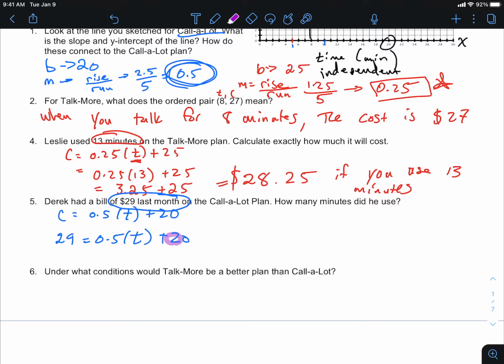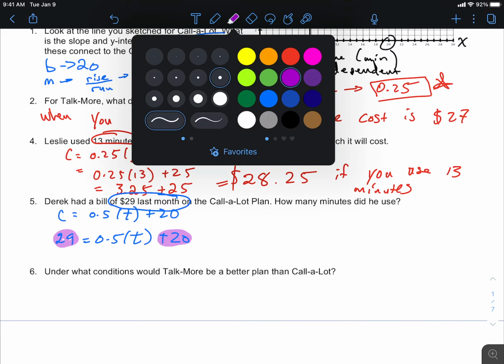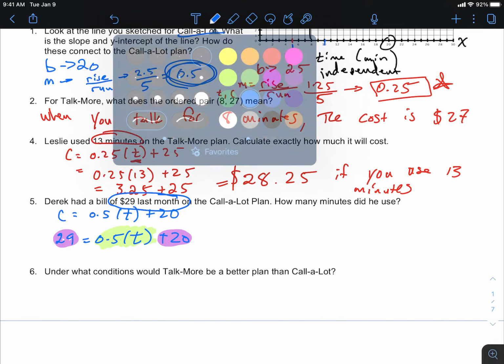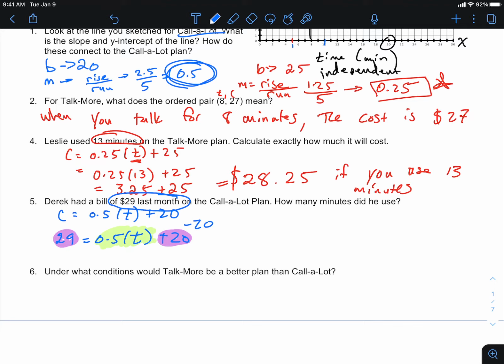I see right now a number and a number, and then I also see a number and a variable, or a rod. I cannot add the rod and the number together, but I can add the two purple things together. To do that, you're going to have to create a zero pair. And then when you do that, you got to do it to the other side.